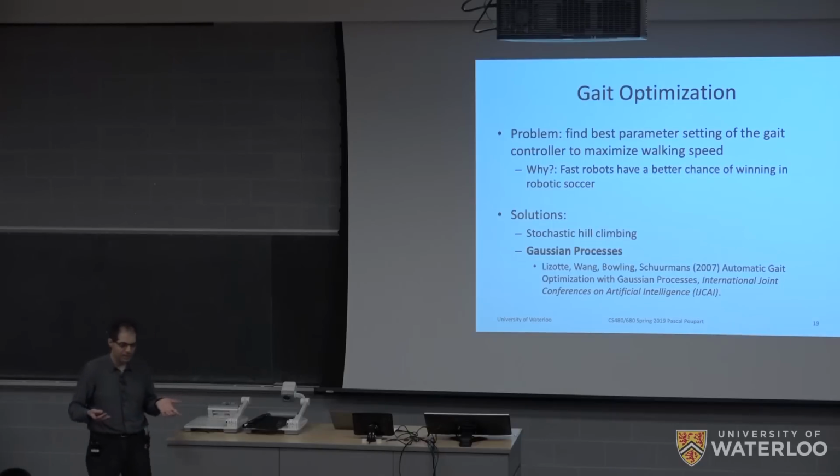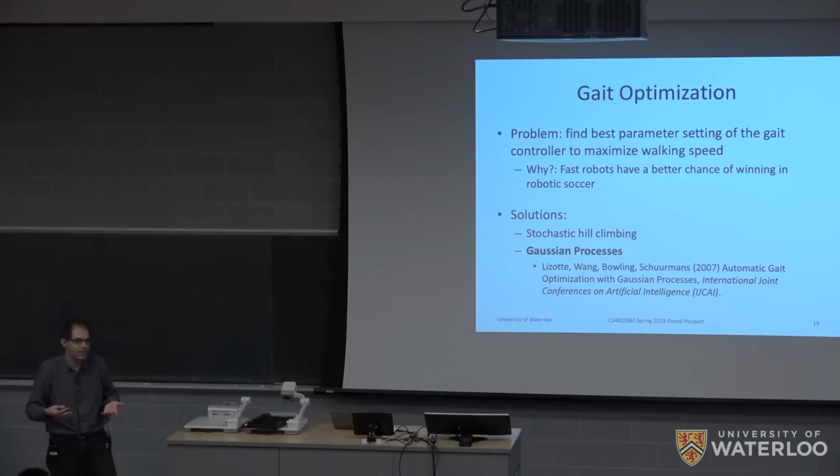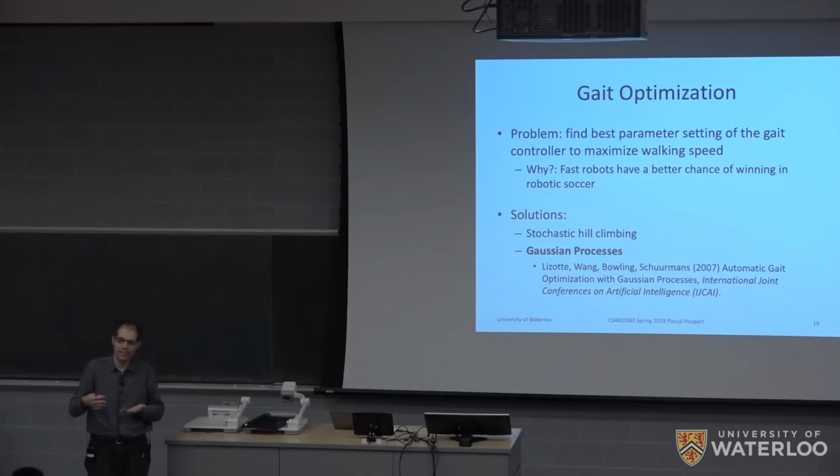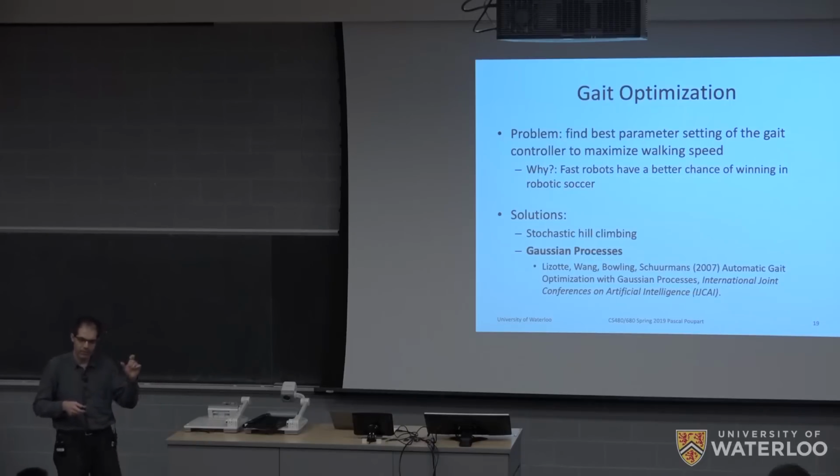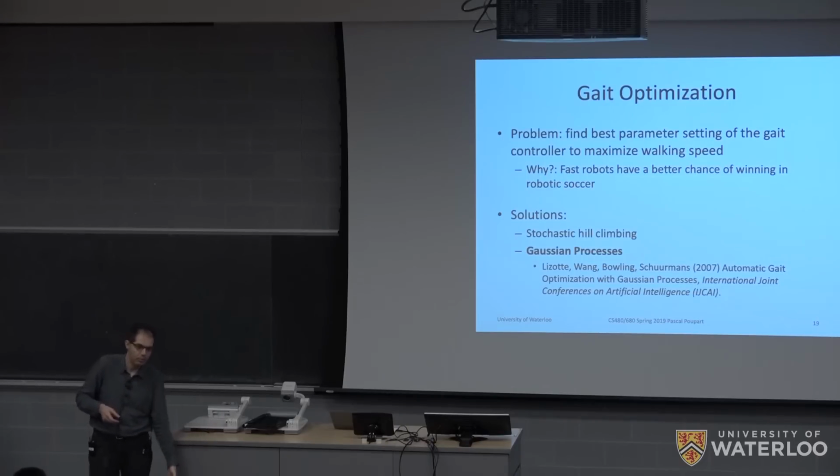The problem is that when Sony started developing this hardware platform, in the early days, there wasn't good software that came with it. So the researchers had to essentially design controllers to get the dogs to walk. Imagine that the dogs have several joints that correspond to ankles, knees, and hips for each leg, and there's an actuator for each one of those joints.